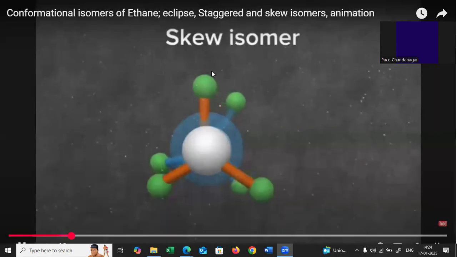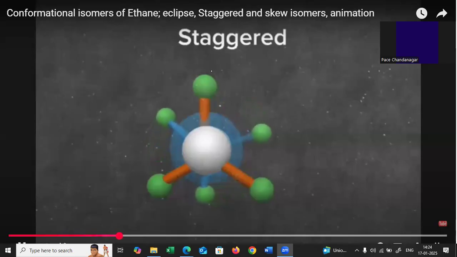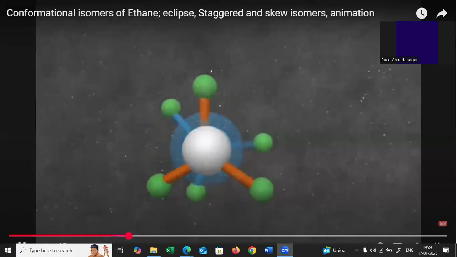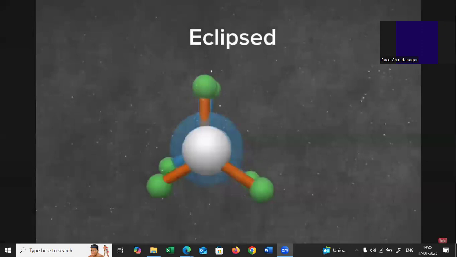As you can see, this is a skew isomer. Let us talk about skew later. In this arrangement, this is your 120 degrees arrangement, and the 60 degrees arrangement is the Gauss arrangement. As you are rotating the other carbon, 120 is the eclipsed notation here.